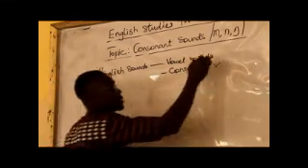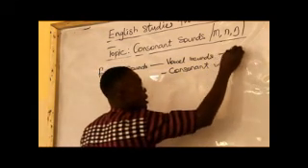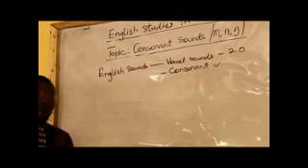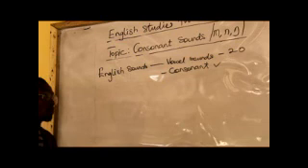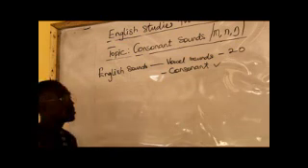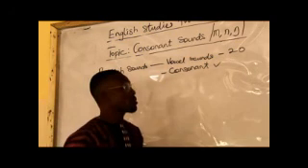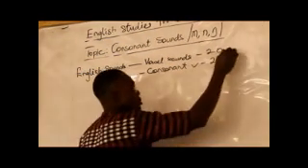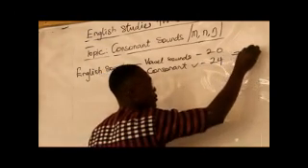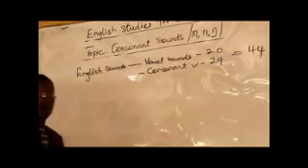The vowel sounds, there are 20 in number, I should say for educational purposes, because there are more vowel sounds anyway. And the consonant sounds, there are 24 in number, bringing the total to 44 sounds.